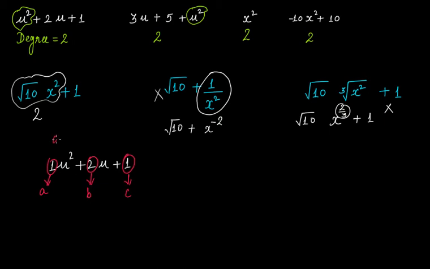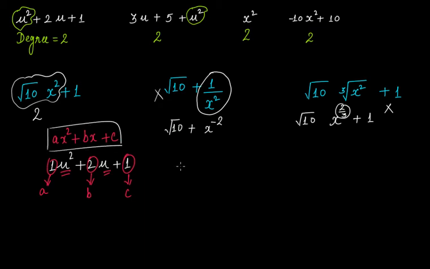It's of the form ax squared plus bx plus c. Now don't go by this variable u. You can take any variable. The only thing is that your variable should have the highest exponent of 2, right? So in this case, this is x squared, this is u squared. Now constants means that it can be any constant. In this case, this is 1, this is 2, this is 1, right? So it's of the form ax squared plus bx plus c.